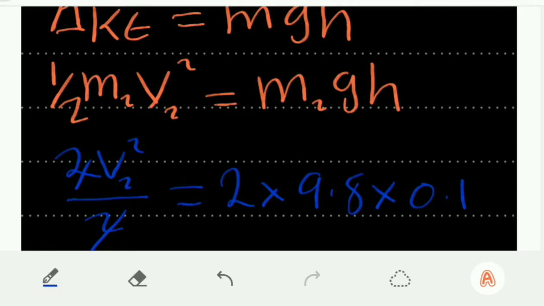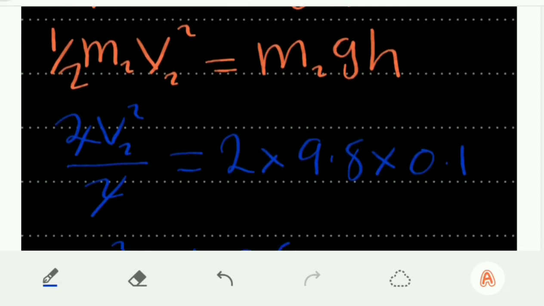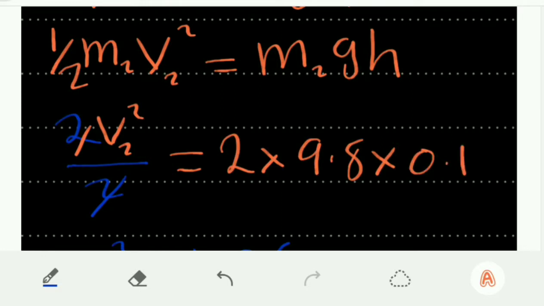The second mass is given as 2 kilograms, and if we substitute into this equation, we're going to remain with v2 squared equals 2 times g times h.